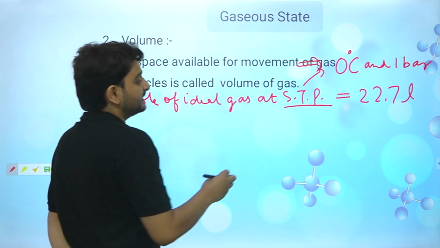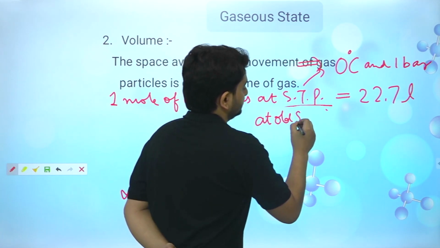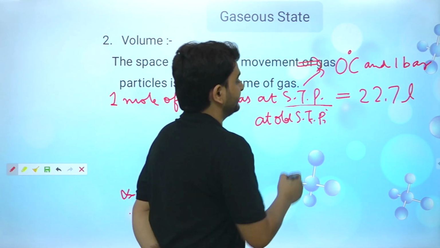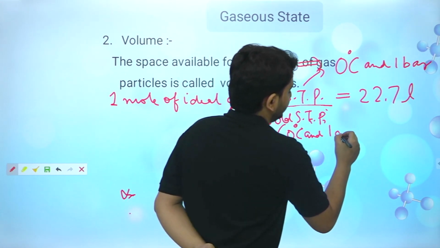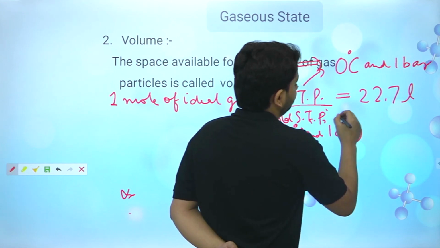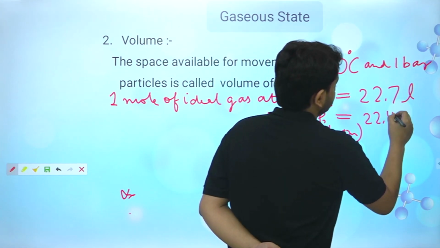1 mole of an ideal gas at old STP, which is 0 degree centigrade and 1 atm, the volume of 1 mole of an ideal gas is 22.4 liters, right?